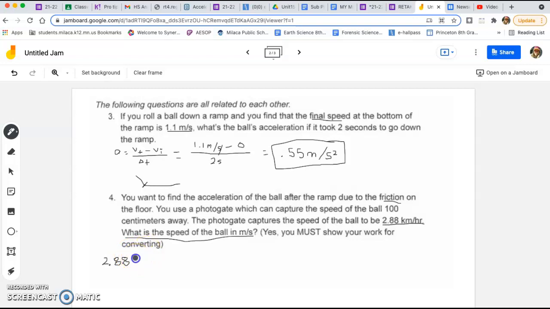So I'm going to start this out as kilometers over hours. Okay, I'm going to set up my conversions. And I'm going to convert kilometers into meters first. Okay, so I know I'm going to put kilometers on the bottom because I want to get rid of that. And in 1 kilometer, there are, you guessed it, 1,000 meters.